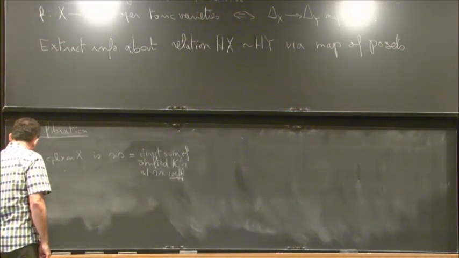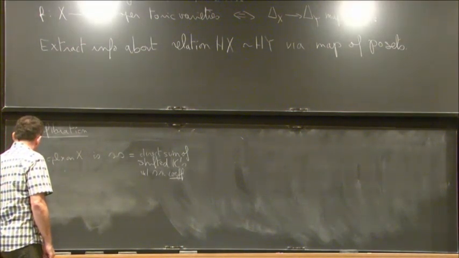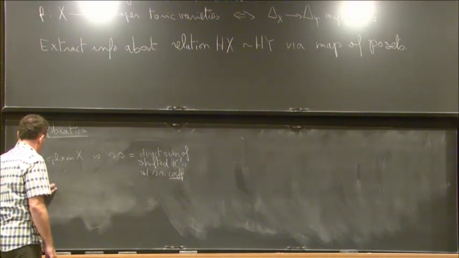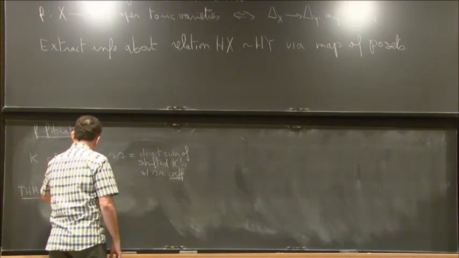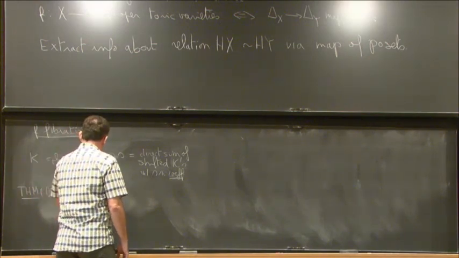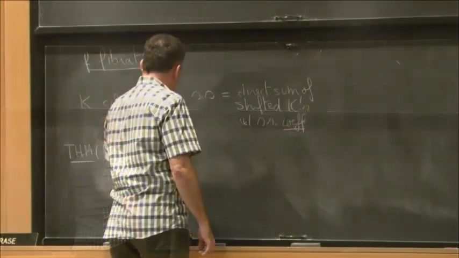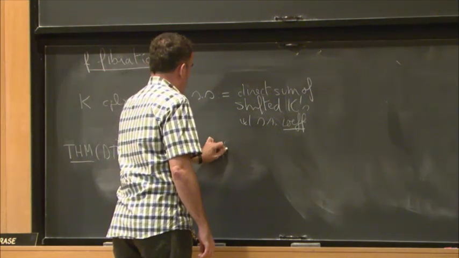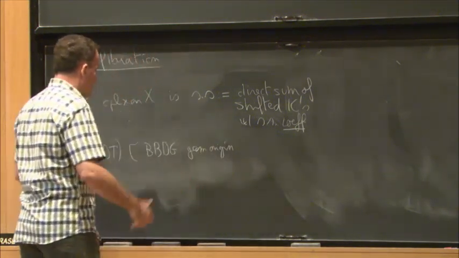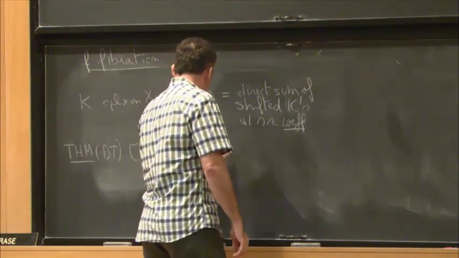So this is the decomposition theorem, and it's due to Beilinson, Bernstein, Deligne, and Gabber when the coefficients are of geometric origin. For example, the constant sheaf, that's already a deep theorem in that case.